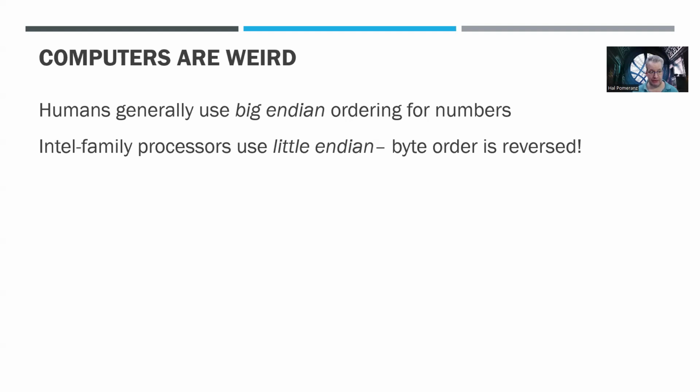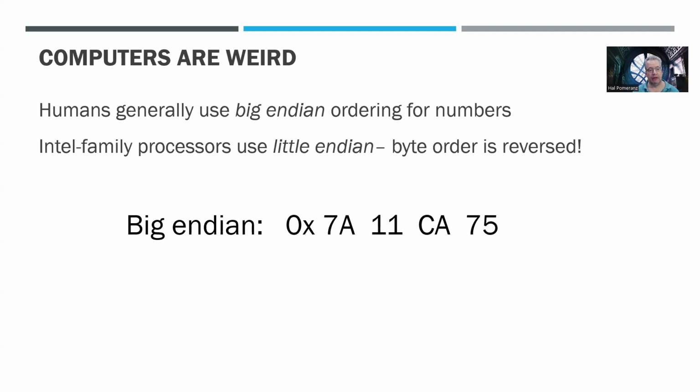Intel processors use what's called little endian. The byte order is reversed. You write the smallest byte first, and then the next smallest byte, and so on. So in big endian, 7A11CA75. To write that in little endian, you literally write the bytes in reverse order.